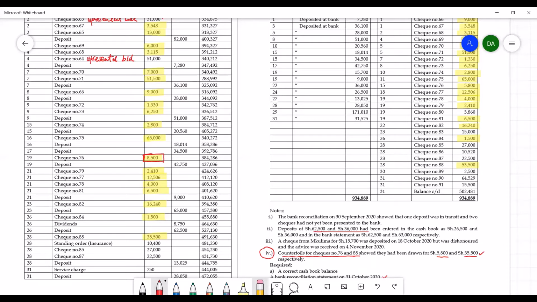That is to mean that there is an error here, because this is 53,500 instead of 35,500. This amount is correct. That amount is correct. It does not have a problem. The problem is in the cash book where there was an error, which will be corrected.